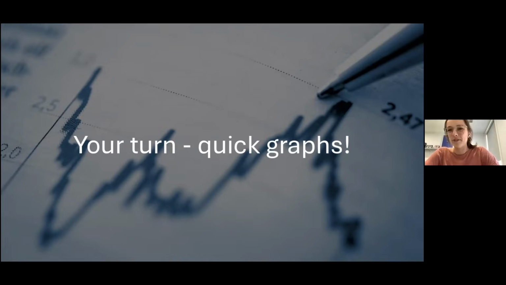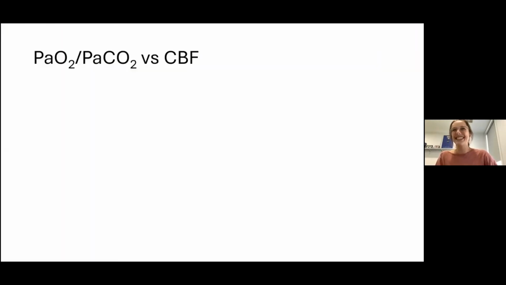I'm going to get all of you to draw them, and then I'm going to pick one of you for each to show me what you've got and take me through it. So, and I'm going to give you 45 seconds this time, because last time I gave you 30 seconds and it probably wasn't quite enough. So first up, everyone can draw me a graph of PaO2, PaCO2 on the x-axis versus cerebral blood flow on the y-axis. And I'll set my timer.